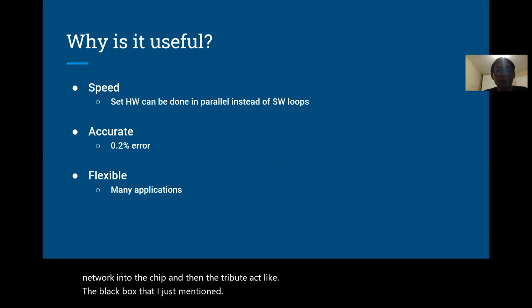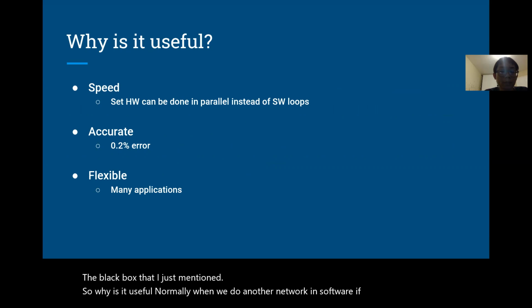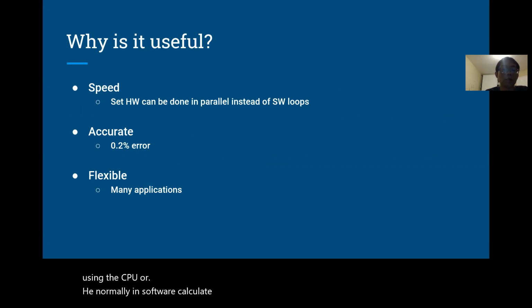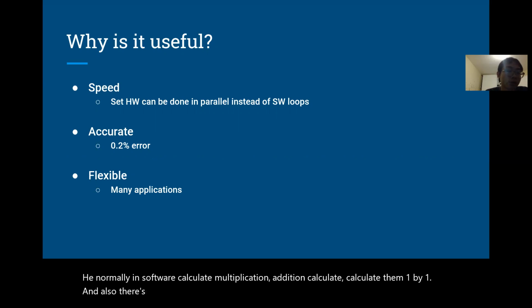So why is it useful? Normally, when we do a neural network in software, if you're using a GPU, then of course you have a very high parallel processing speed. But if you are using the CPU, normally in software, you calculate multiplications and additions one by one. And also, there's a lot of power consumption when you do it in software.